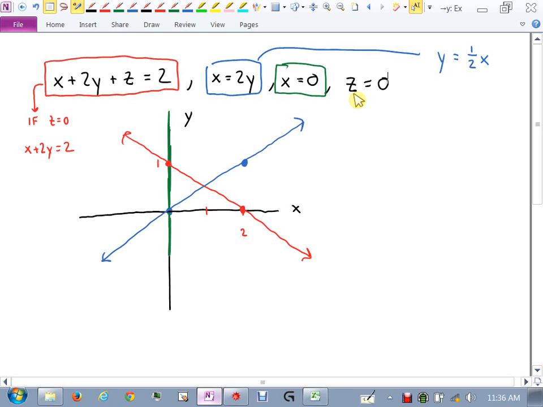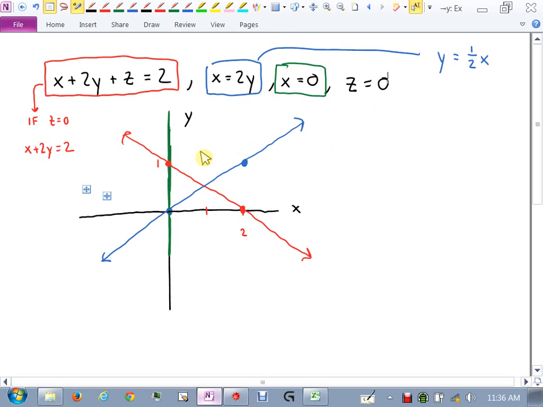So remember this, we're looking for the tetrahedron that's bounded by those things up there. One of them is the ground. z equals 0 is the ground. Then you have the plane coming through, right? And then you have x is 0 as another plane.